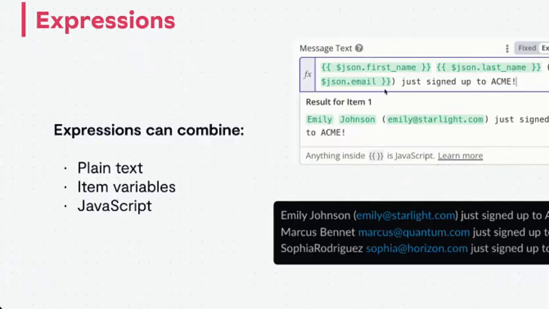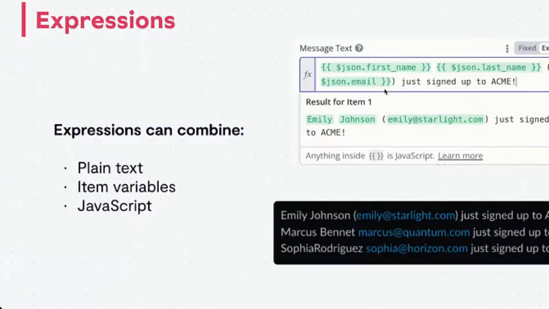We can also use JavaScript. So if we want to apply a JavaScript function or a JavaScript method to, for example, one of the item's values, then we can use any of the built-in JavaScript functions or methods between the curly braces.